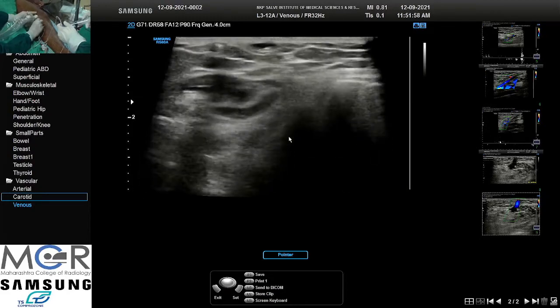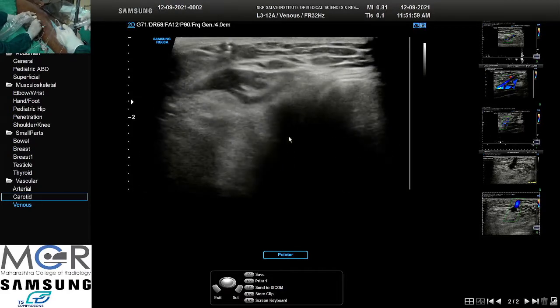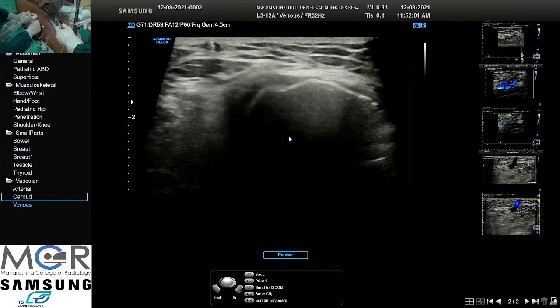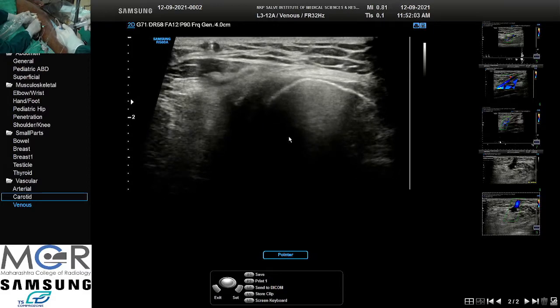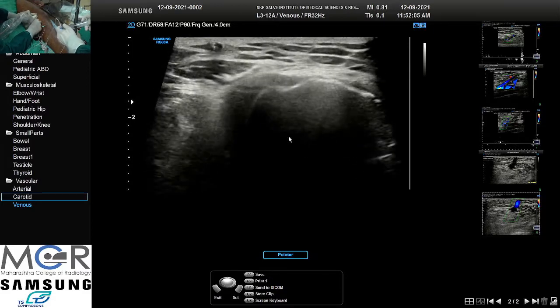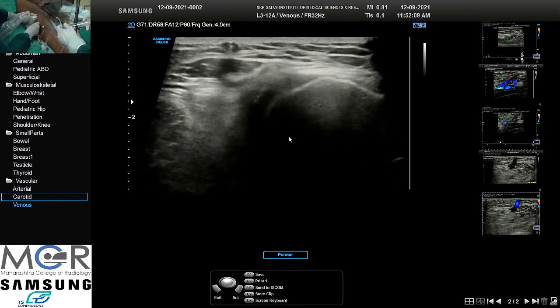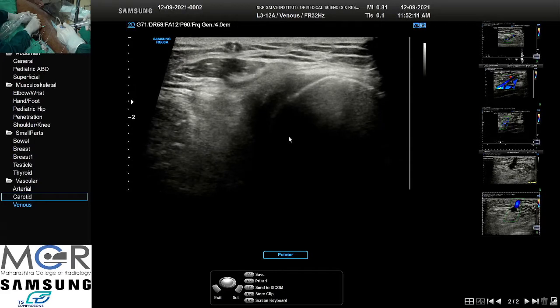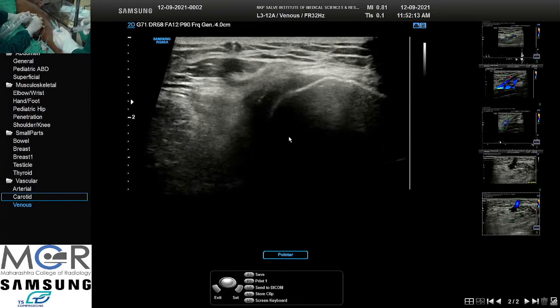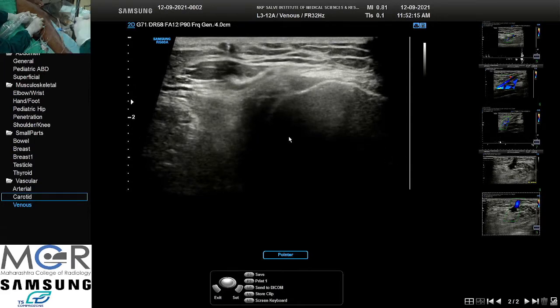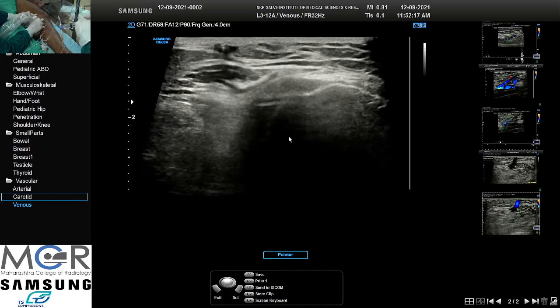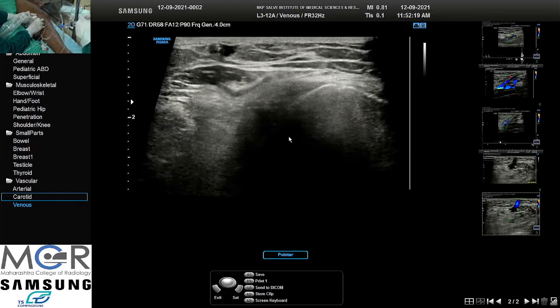Just feeling it again, because there is no area left to anesthetize at one point. Just putting some more anesthetic. More is better.